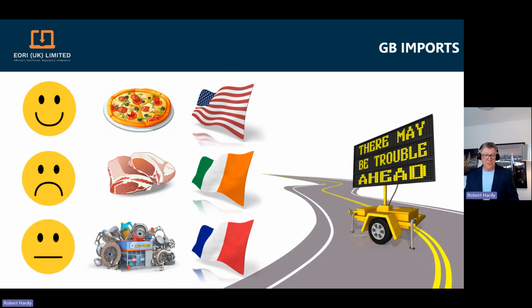And if you import car parts from France, not much really, pretty much the same, although there will be a safety and security declaration from October next year, which will mean that your carrier who's responsible for doing the safety and security declaration will have some data challenges as to where he gets the data for that. So there are good things, there are bad things, if you want to use that terminology, and there are things that don't really change much at all, but they do change. Okay.